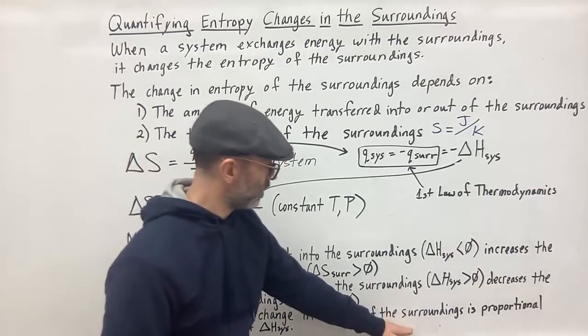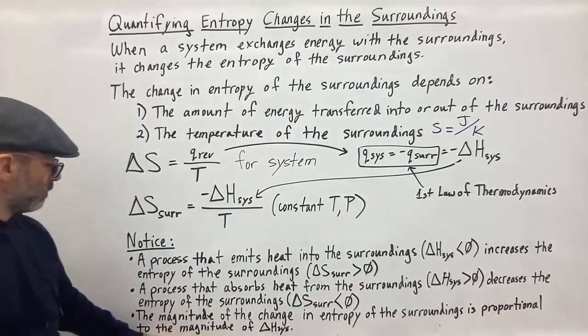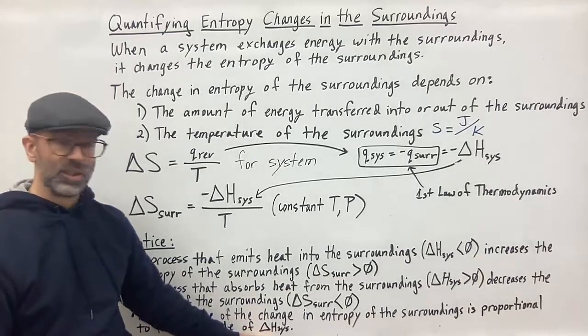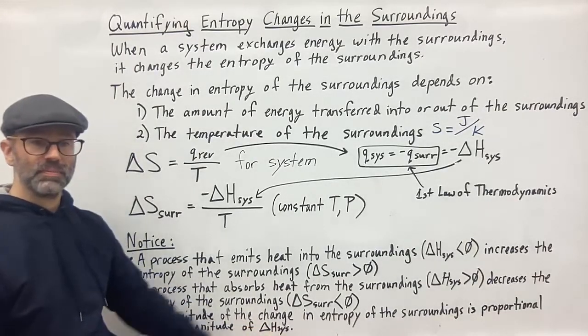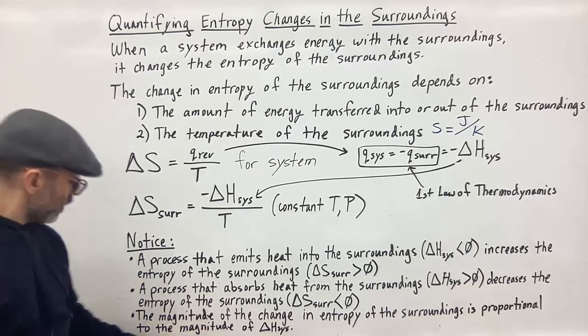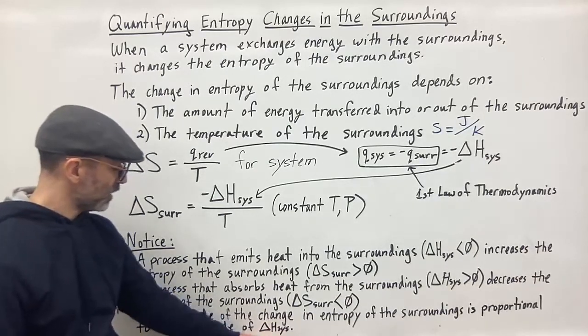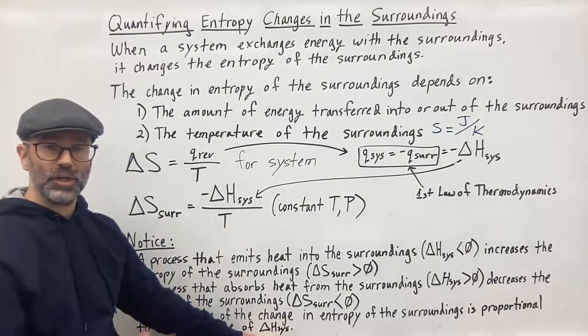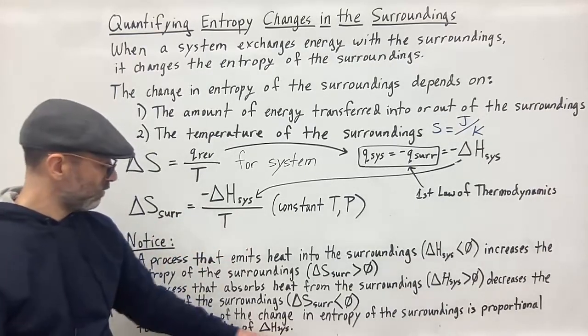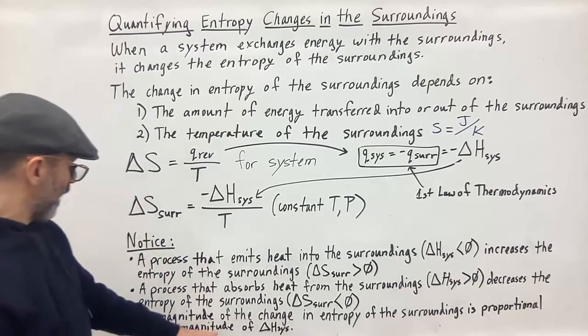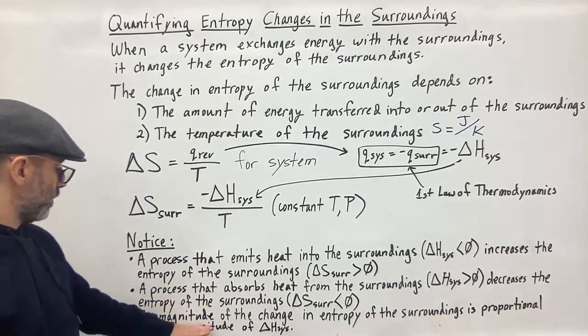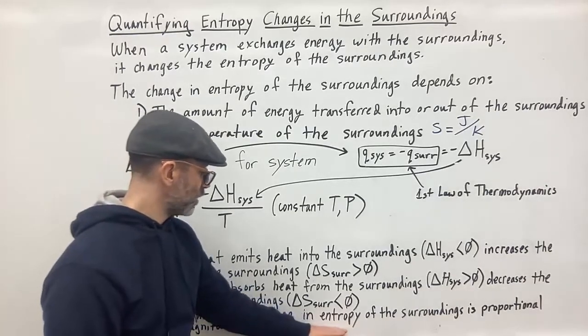The third thing to remember is that the magnitude of the change in the entropy of the surroundings is proportional to the magnitude of the change in the heat of the system. The larger the amount of heat being transferred to and from the surroundings, that magnitude is going to determine the magnitude of the change in the entropy of the surroundings.